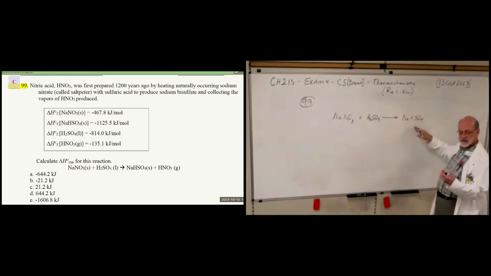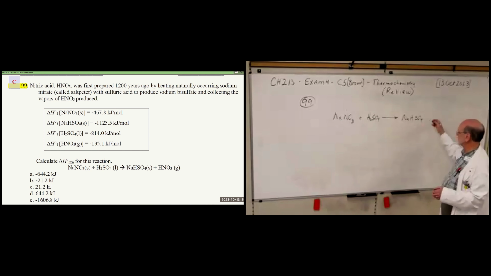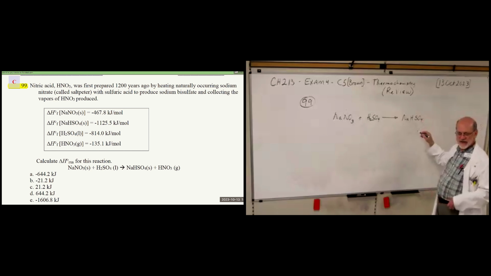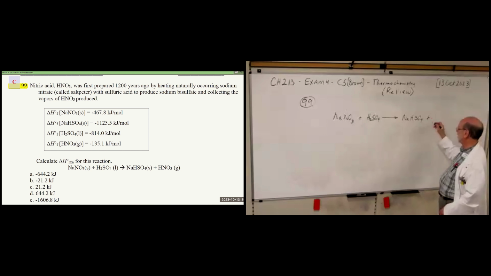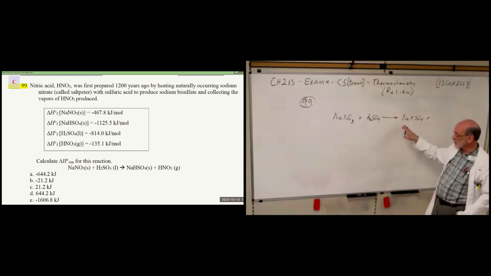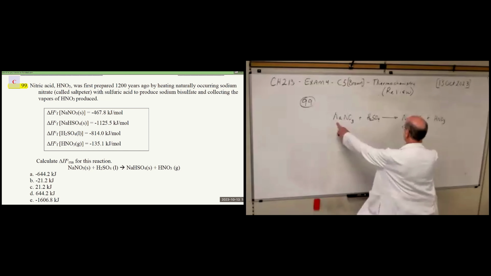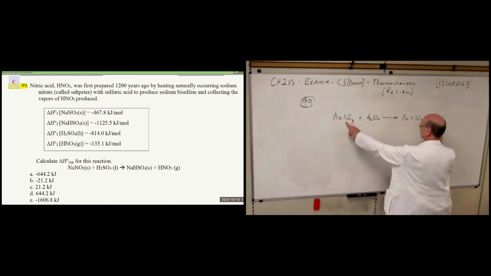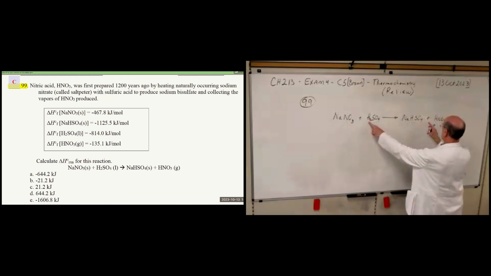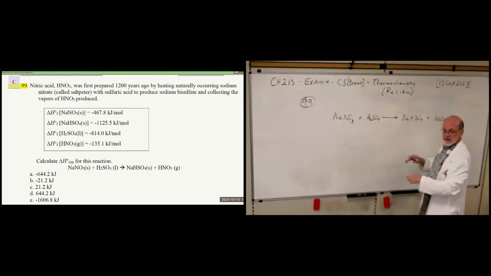This is sodium bisulfate. It's a holdover from ancient times. The proper name now is sodium hydrogen sulfate. And then nitric acid. Now this is a balanced equation. You can see one sodium, one nitrate, two hydrogens, one here, and one sulfate. So that's balanced.